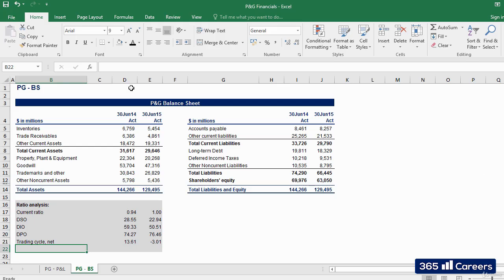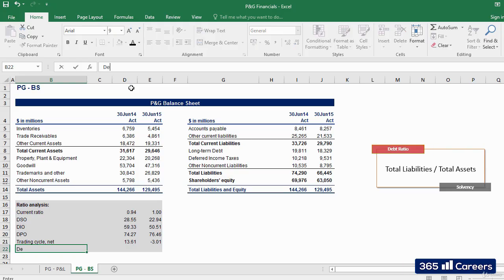Perfect! The next two ratios that we'll calculate will give us an idea of the company's solvency. Do you remember the solvency ratios that we saw earlier? The debt ratio shows the business's ability to pay long-term debt, and the interest coverage ratio gives us an idea about the company's ability to pay interests. Starting with the debt ratio, both of the parameters can be found in the balance sheet, and I'll calculate it here.